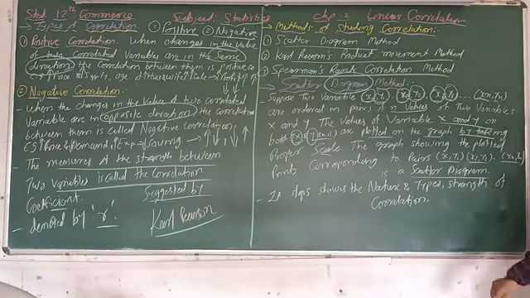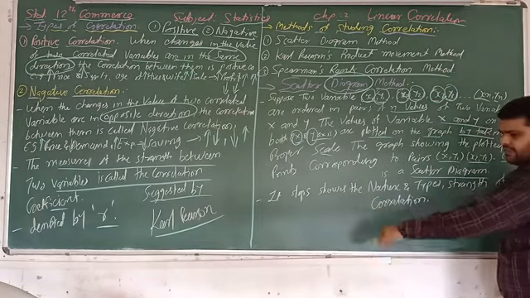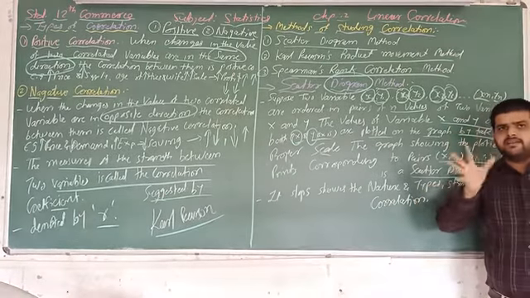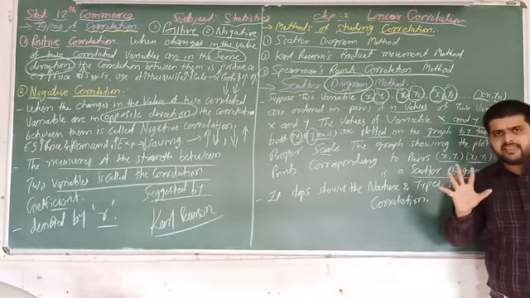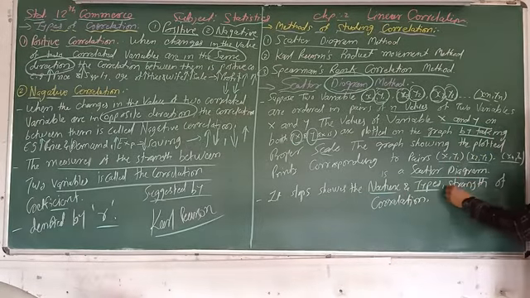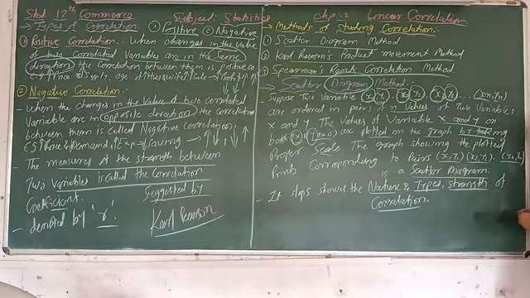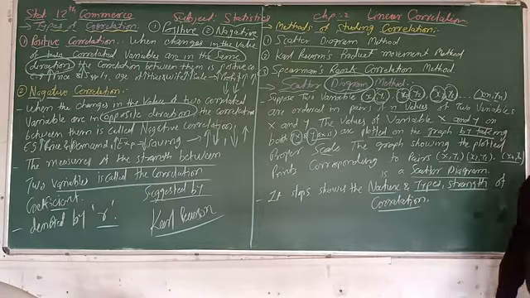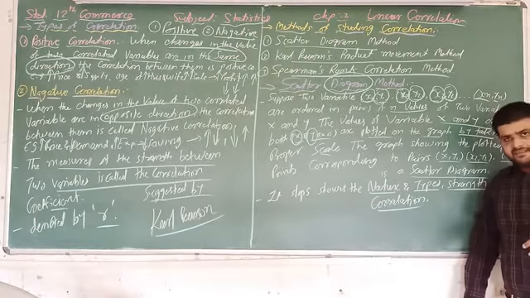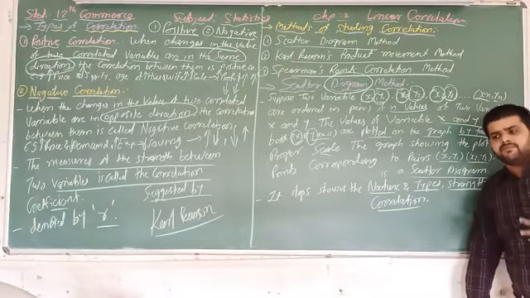Okay, so whatever slope is there, whether negative or positive, that slope shows the nature, type and strength of correlation. Five types are there that we discussed.